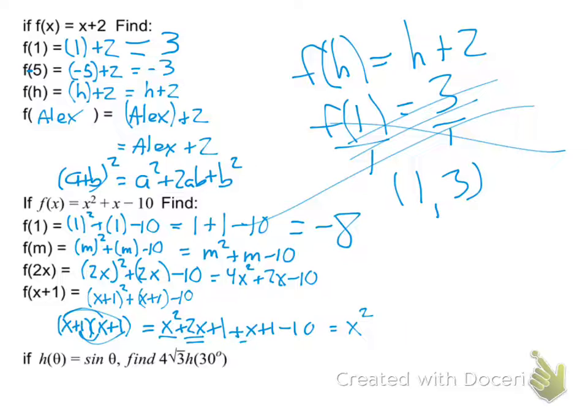I have two x's plus an x will give me 3x, and 1 plus 1 minus 10 is minus 8. You've now just factored, or not factored, sorry, multiplied out and gathered like terms. You've now evaluated what is f of x plus 1. What is the function evaluated for x plus 1?